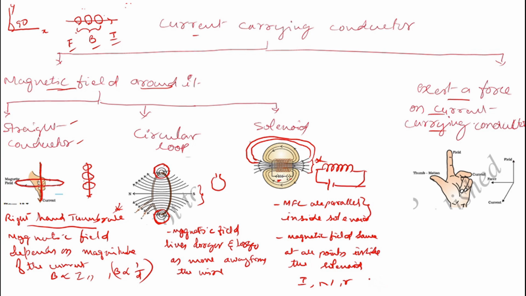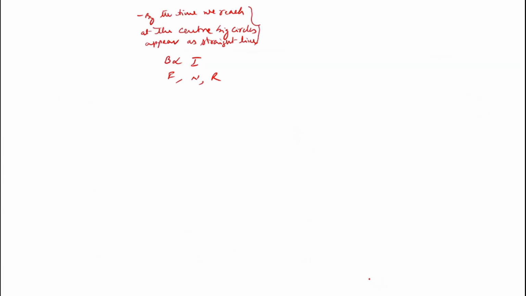Then is there any practical application with this solenoid? Yes, a practical application is there, that is making a permanent magnet, that is the electromagnet.